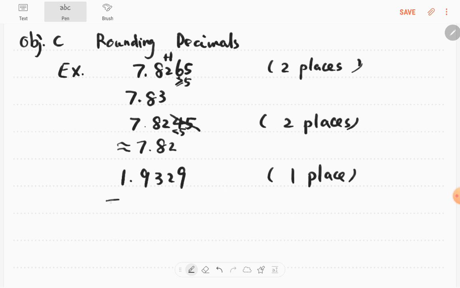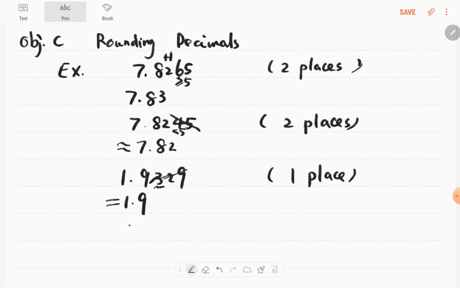So it will be like this one. We only need to check the second place. So it's 3, then it's less than 5. We drop all of this and do not add 1 to 9. So we will get this.